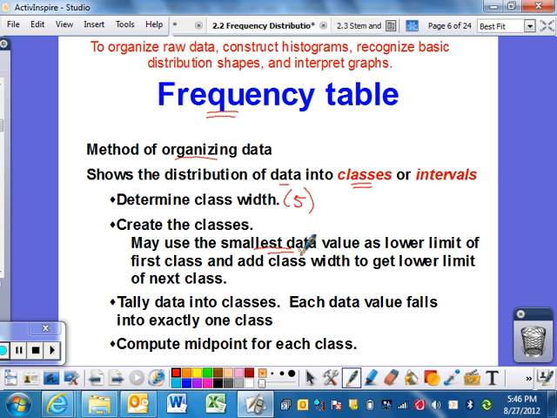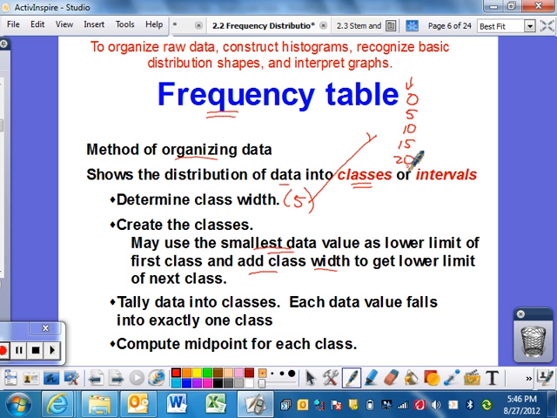In our example, the shortest distance was 0, so we're going to start the first class at 0. And then add the class width to get the lower limit of the next class. So I'm going to add the 5. So it'll become 5, and then 10, and then 15, and then 20. Those are going to be the lower limits of all 5 of my classes.